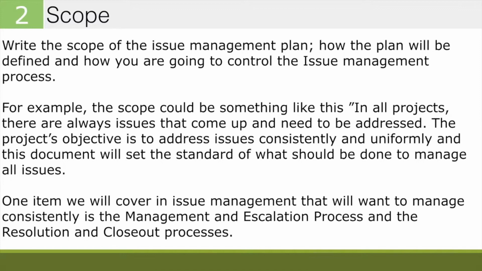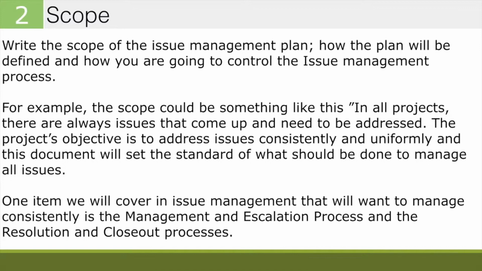One item we cover in the issue management plan that we want to manage consistently is the management and escalation process and the resolution and closeout process. There's a couple of these things that you want that consistent approach to. So I think it's really important that you have a document, you define the steps, and therefore you can have that consistency as you execute and drive through your issues on your projects.